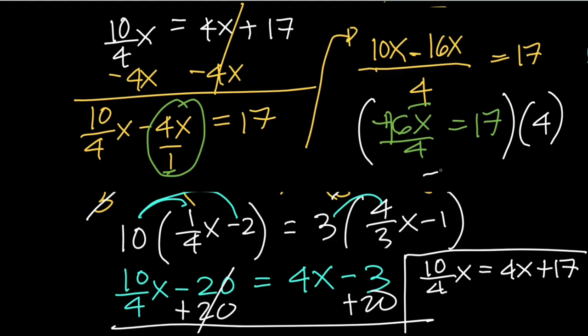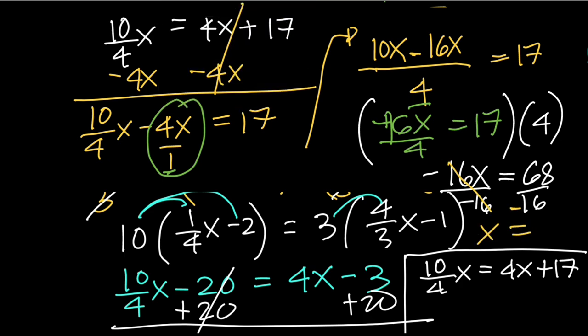Then we have negative 16x. What is 17 times 4? 68. Then we divide both sides by negative 16. So x is equal to 68 divided by negative 16. Is that 4.25? How come the answer is different?